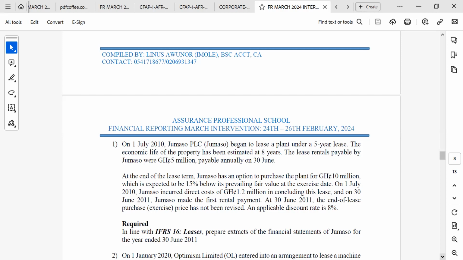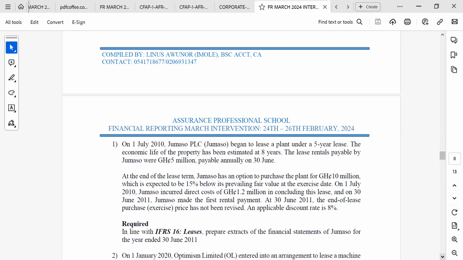So basically we are saying that the lease is just a contract between two independent parties where one of them has agreed to give out his or her asset to another person, who we call the lessee, at a fee, which we call a consideration. So the lease can be a finance lease or it can be an operating lease.